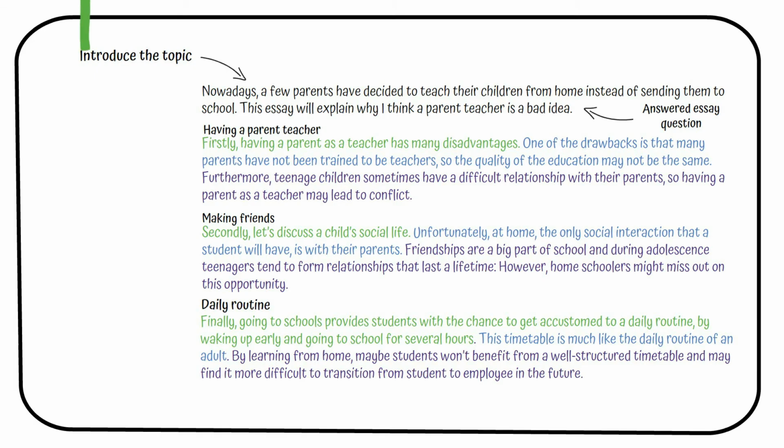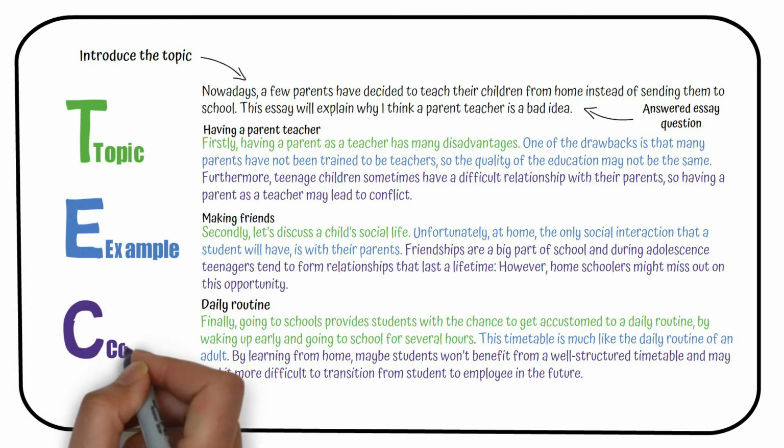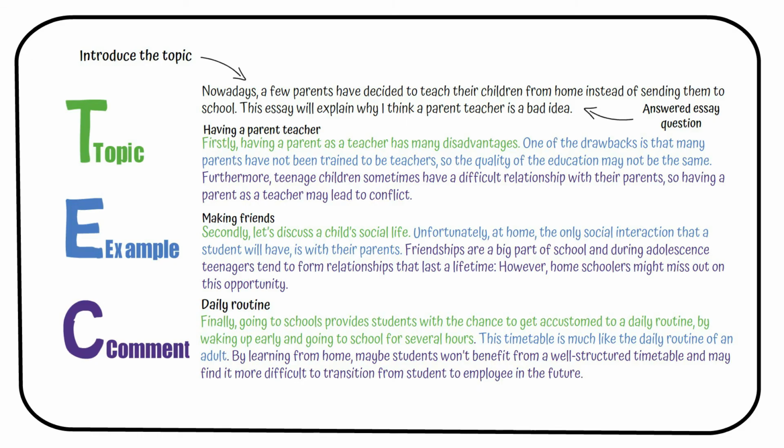All of these paragraphs follow the TEC formula to make sure that my ideas are logically structured. I have highlighted the topic sentences in green, the examples in blue, and extra comments in purple, so that you can easily identify each part of the paragraphs.